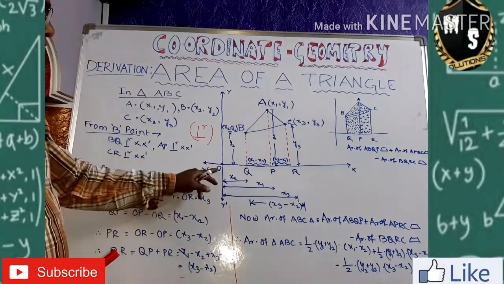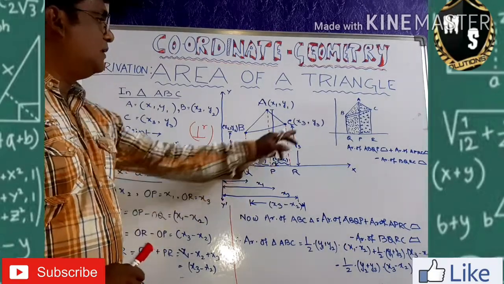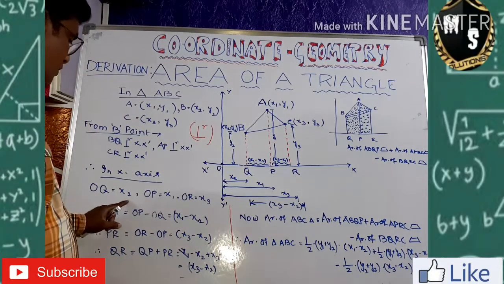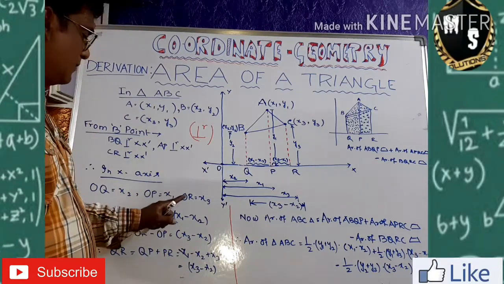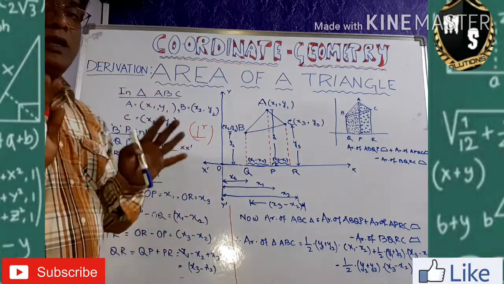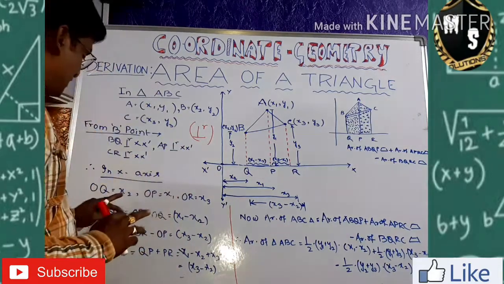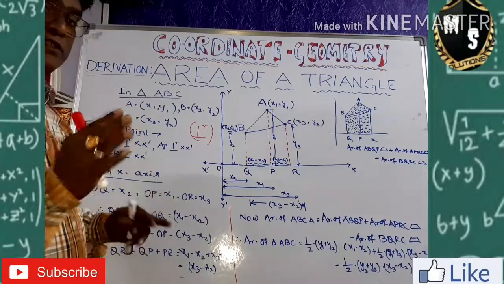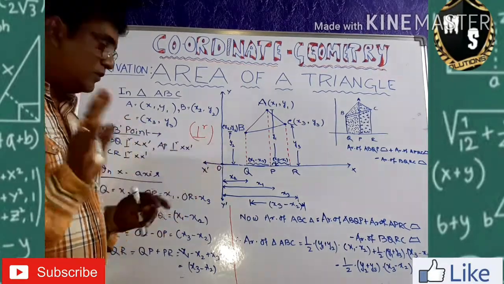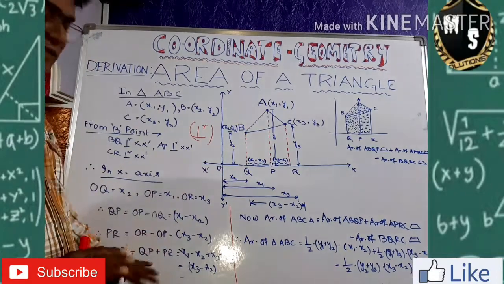Now you go for OR. In x-axis, that is x3. I wrote it here. OQ is x2, OP is x1, and OR is x3. Everything must be written accurately. In place of 2, you will write 1. In place of 1, if you write 2, then all the things will go wrong. So for that reason, you write these things very carefully.